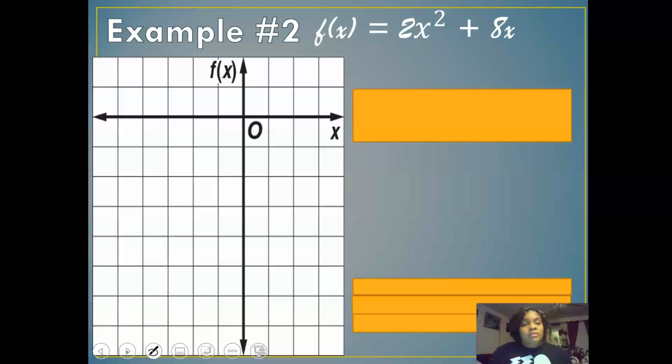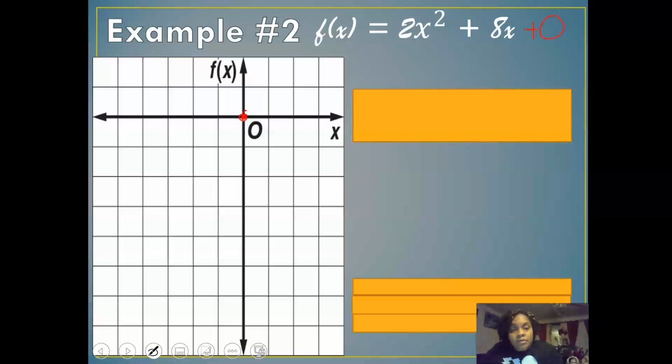Since we do not have a c, we automatically assume that our c is 0. So we can plot our first point as 0, 0. Now we still have to find the vertex.